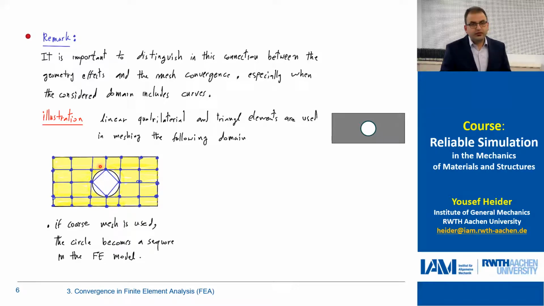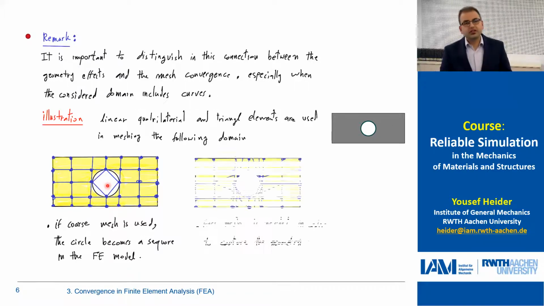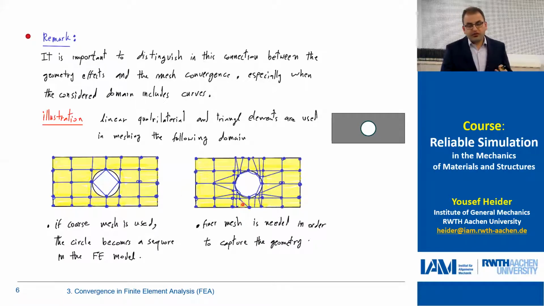We see that if we choose these coarse elements, we are losing the geometry of the circle. Our circle would be, in this very rough mesh, like a square. This is not good. So this geometry will force us to choose a finer mesh. I block this with my hand.